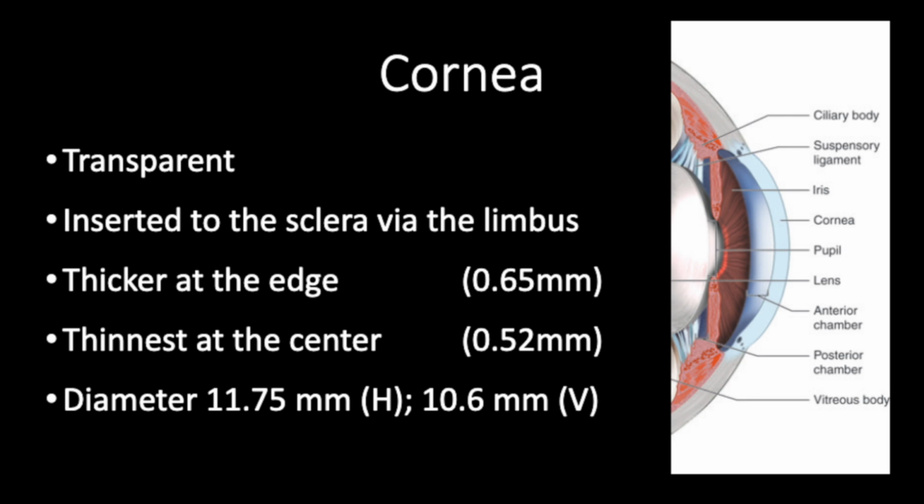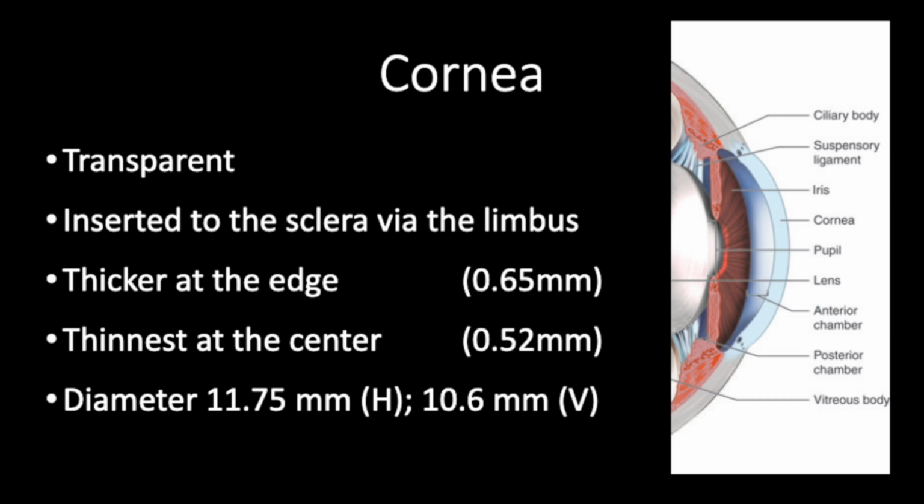The cornea is inserted to the sclera in an area we call the limbus. It's where the white part and the black part of your eye are meeting. It's thicker at the edge, about 0.65 millimeters, and it's thinnest at the center. So at the very edge, it's very thick, and the center, the area where you actually use to see people or to see everything else, is the thinnest area.